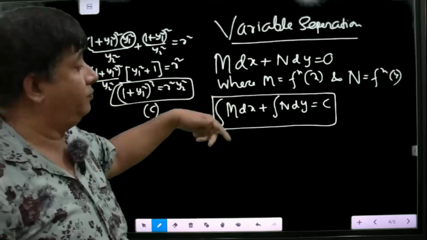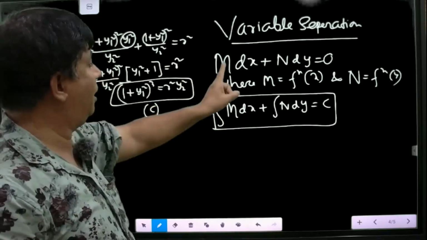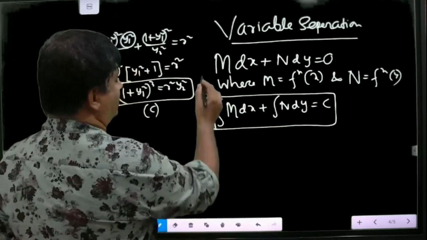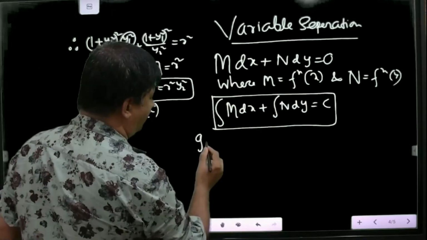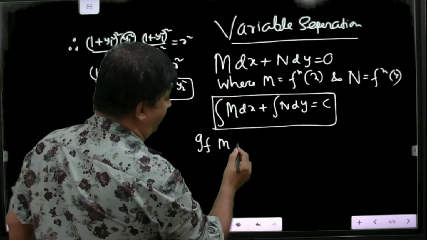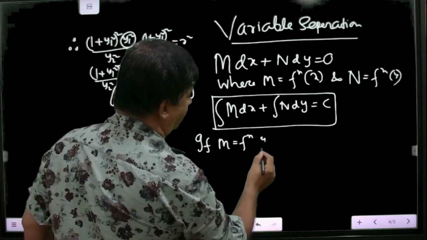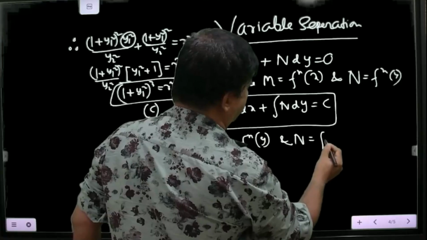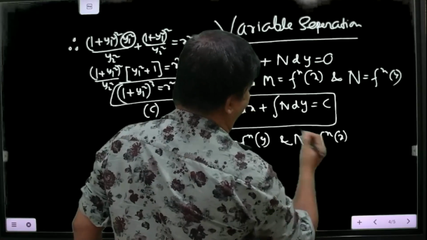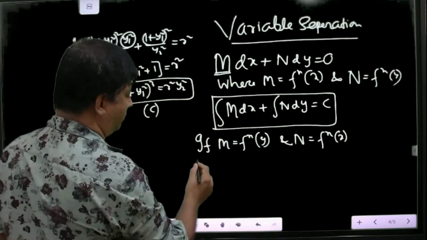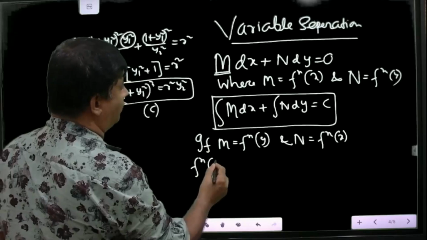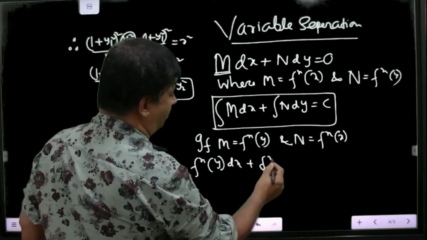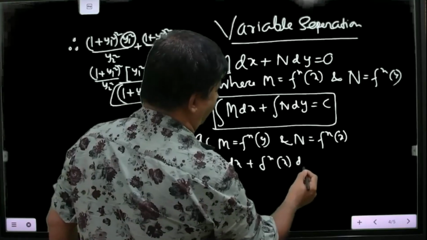But instead of that, if m is a function of y and n is a function of x, put here function of y dx plus function of x dy.